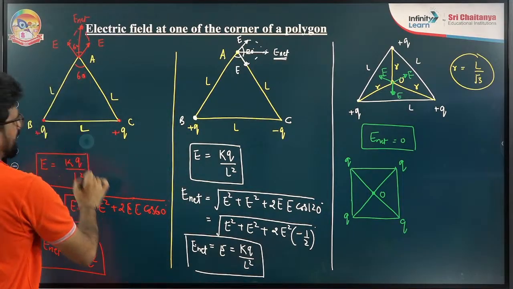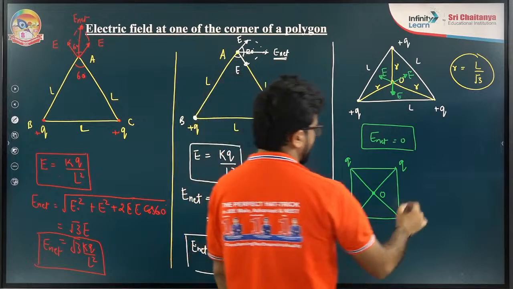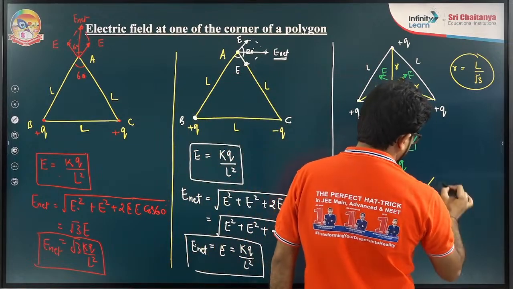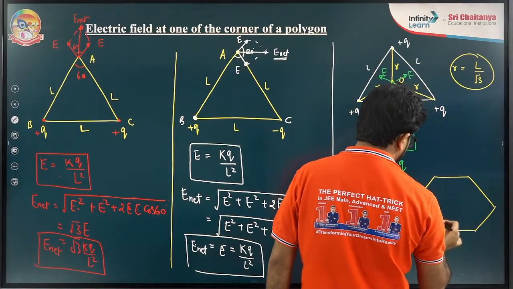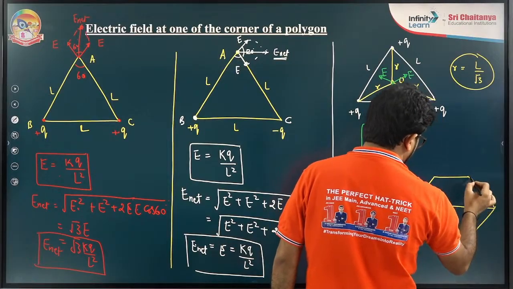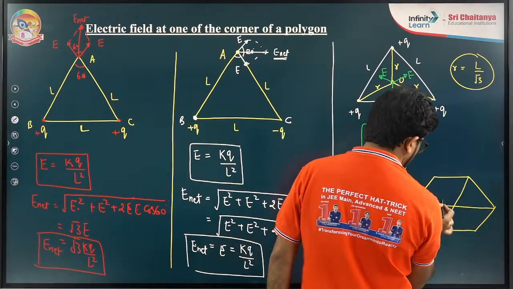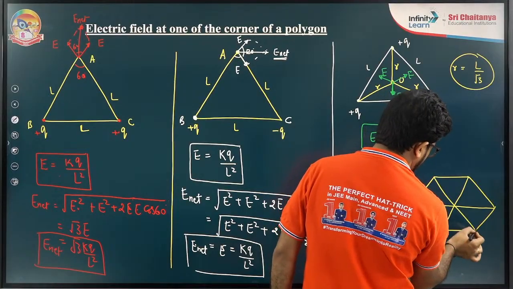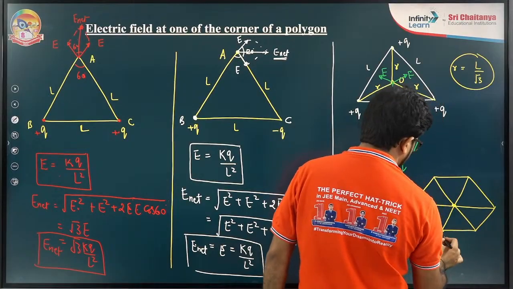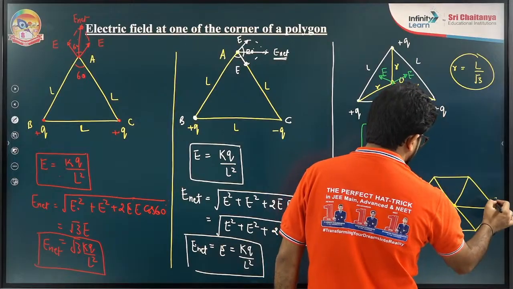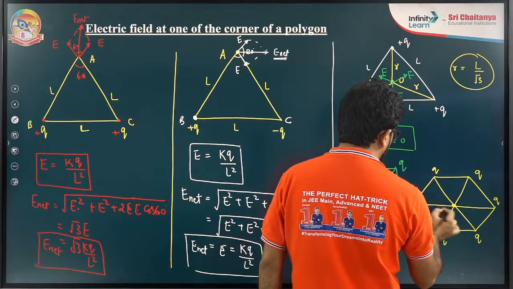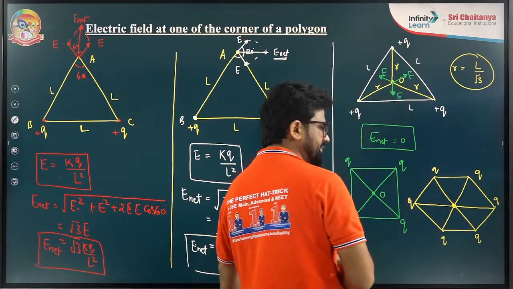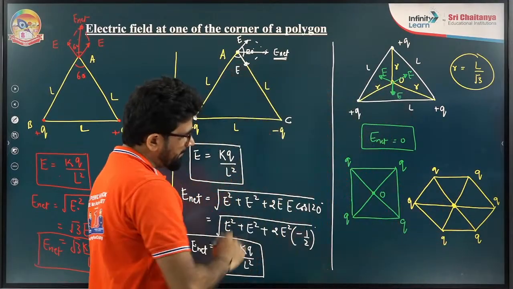Similarly, suppose a regular hexagon is there. Then also you will get the answer. At the center also it is 0. Suppose these are charges Q, Q, Q, Q and Q, and this is also Q. Then also the field at the center would be 0. Try to understand it. Clear?